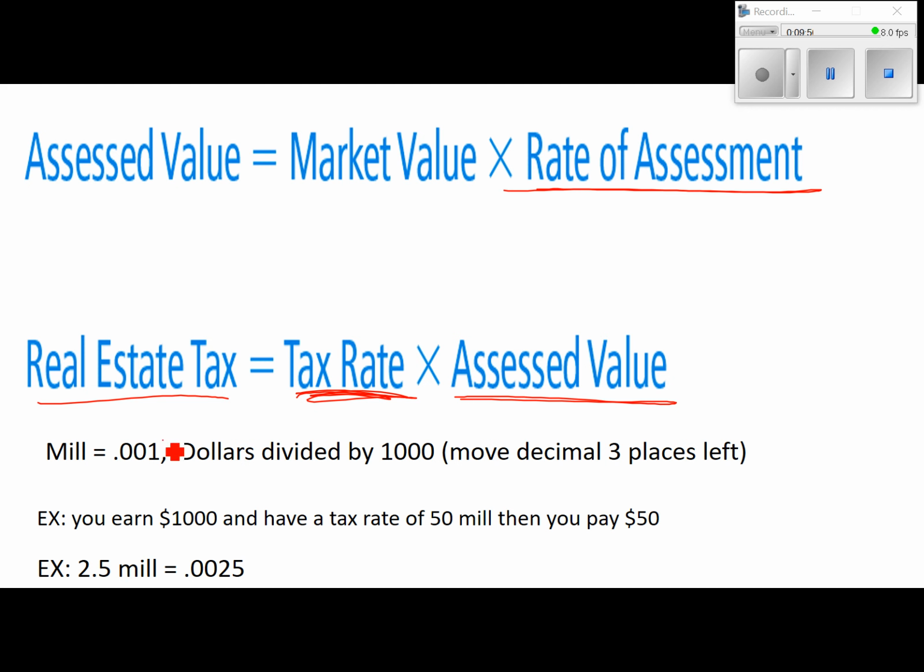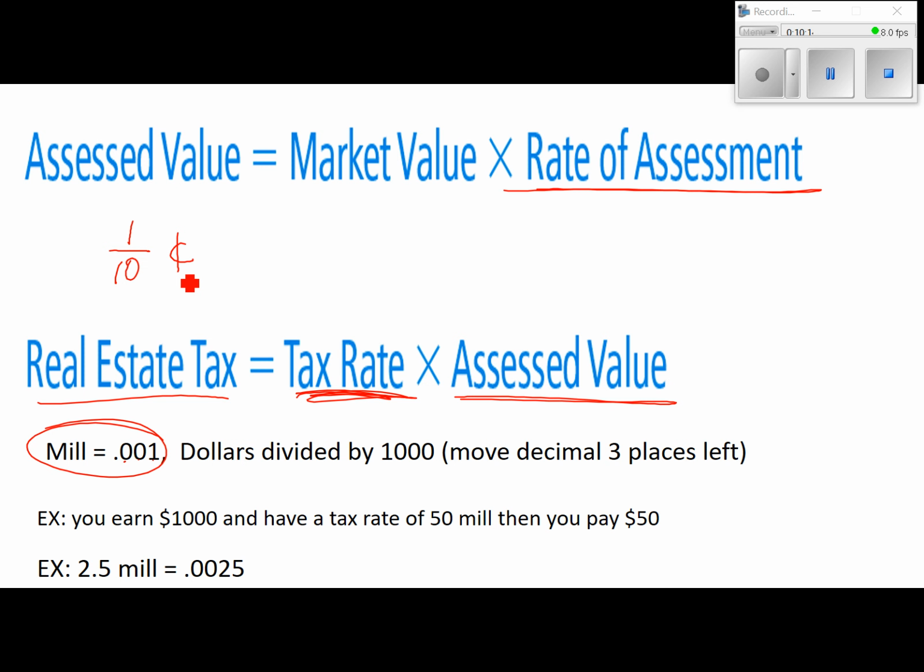A mill, when you hear mill, it's tenths, hundredths, thousandths. It's a thousandth of a dollar, all right? So it's like a tenth of a cent, a tenth of a penny. So 10 mills will be 1 penny.